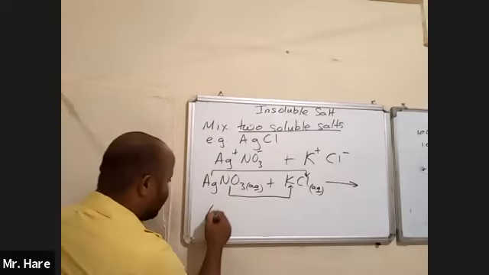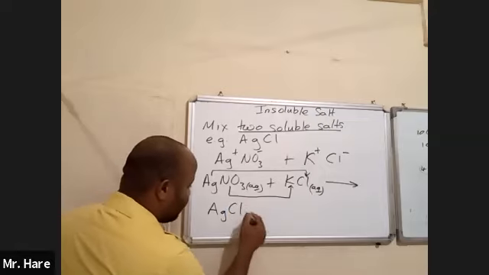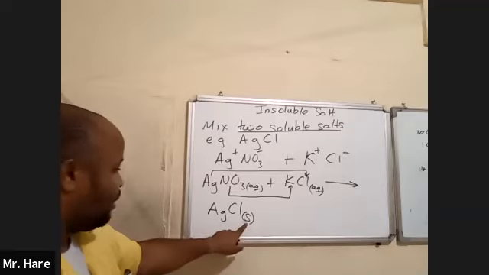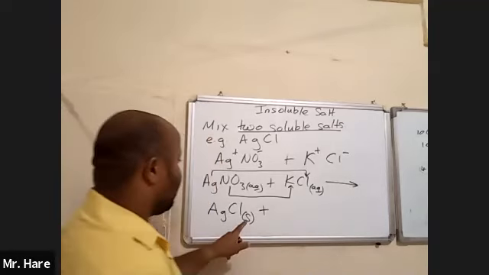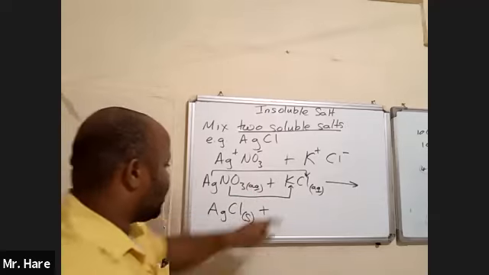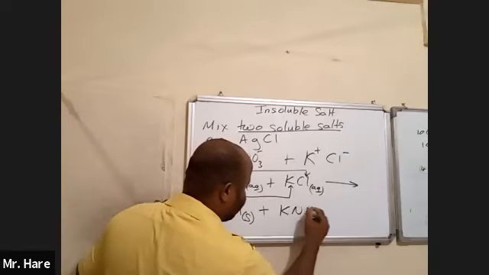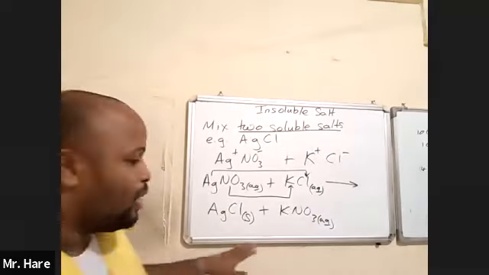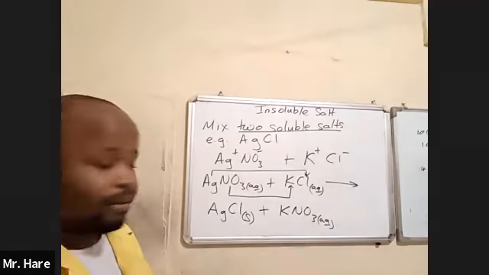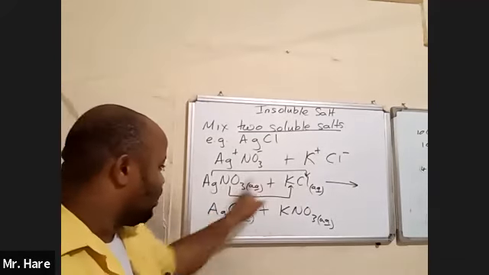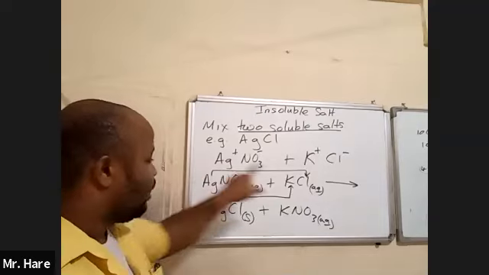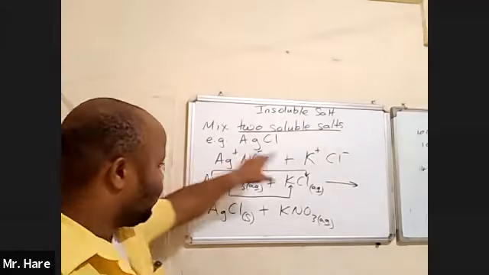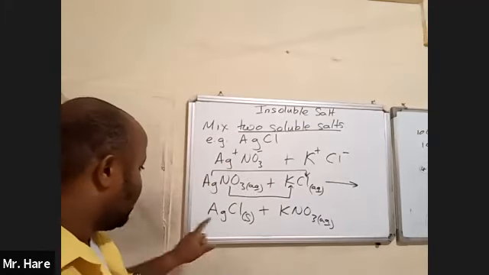So you are going to get silver chloride, which is an insoluble salt, hence I have this solid here, and you are going to get potassium nitrate. And so this is how you would prepare silver chloride. Mix two soluble salts, one with silver and the next one with chloride ion. When you mix them, the silver ion will combine with the chloride ion, and you will get your silver chloride.